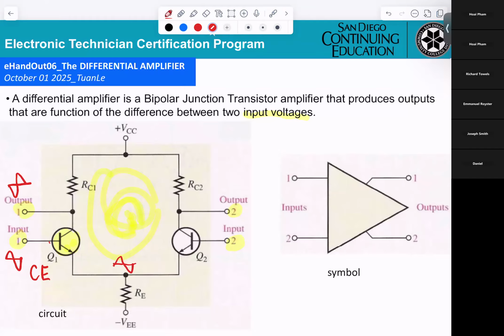Same thing. No bypass capacitor, nothing. So you still get the signal. And now you're telling me what kills your amplifier?